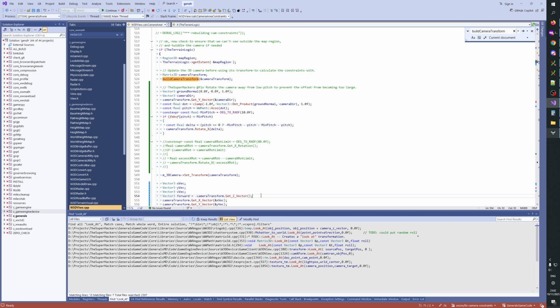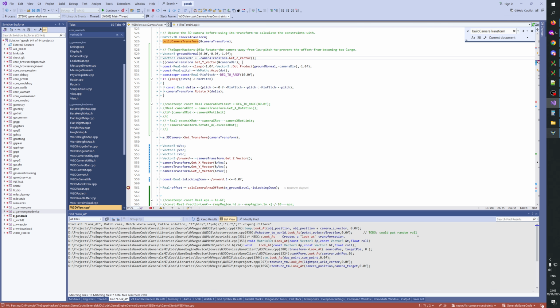So camera there. Then let me remove this here. You say camera there. Camera there is this. The more you know. Okay, but we figured it out.